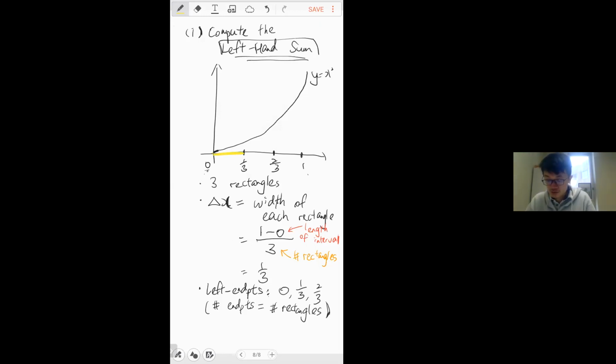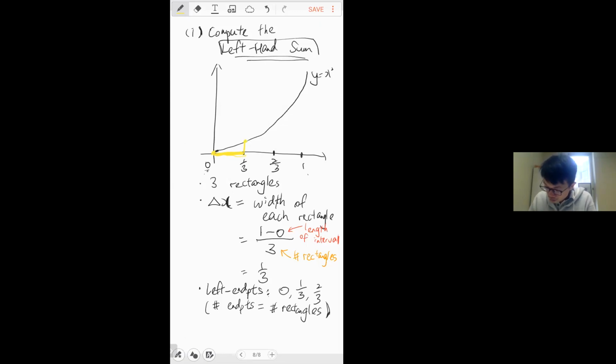So I'm using 0 as a left-hand point. On the graph, 0 is right here, right? So the rectangle should look like this. It's just a line. For the second interval, 1/3 to 2/3, I'm using 1/3 as my left-hand point, which is right here.